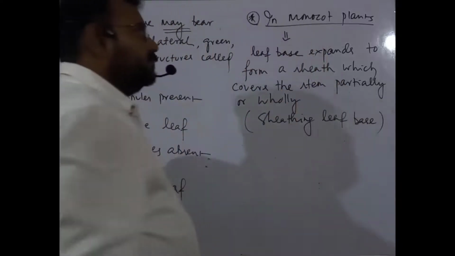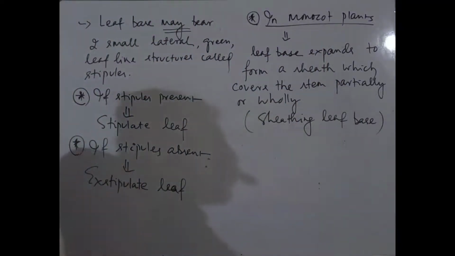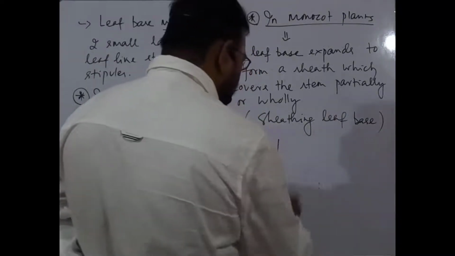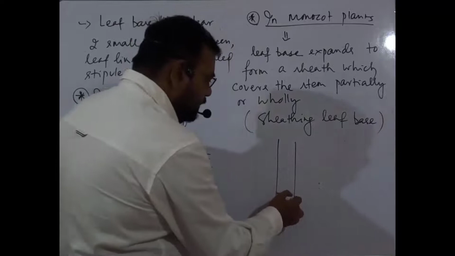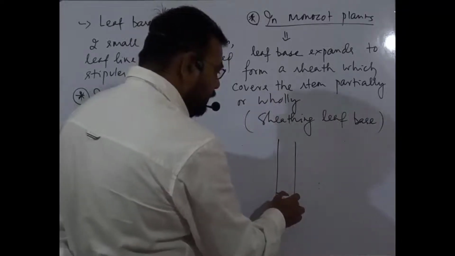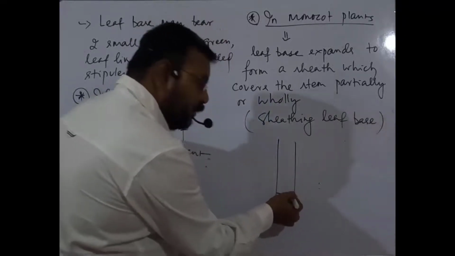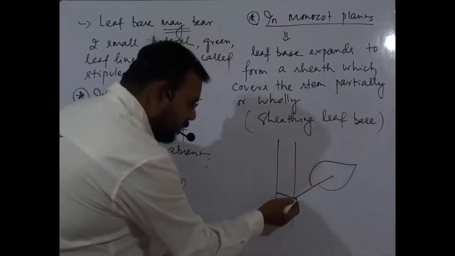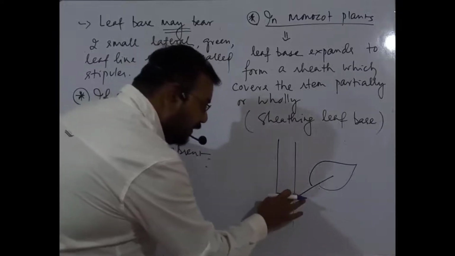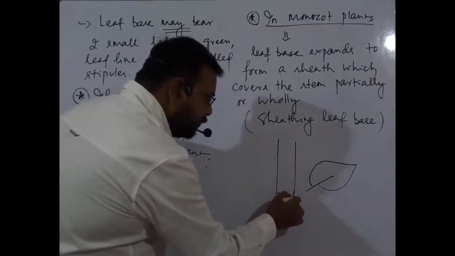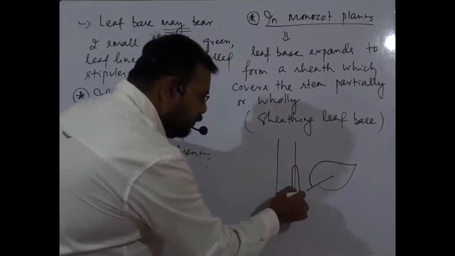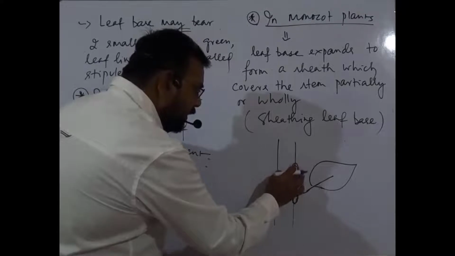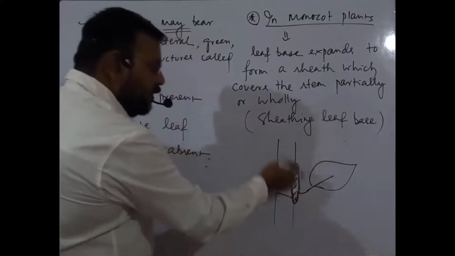ये इस टाइप का sheathing leaf base you can find in the monocot plants like rice, maize. देखिए मान लीजिए एक स्टेम है, डायग्राम देख लीजिएगा. तो यहां पर लीफ बेस actually एक पॉइंट होता है जहां से ऐसे लीफ निकलता है. लेकिन यहां पर ये लीफ बेस चौड़ी हो जाएगी और ये स्टेम को पार्शियली कवर करेगी. ये लीफ बेस expand हो गया है.